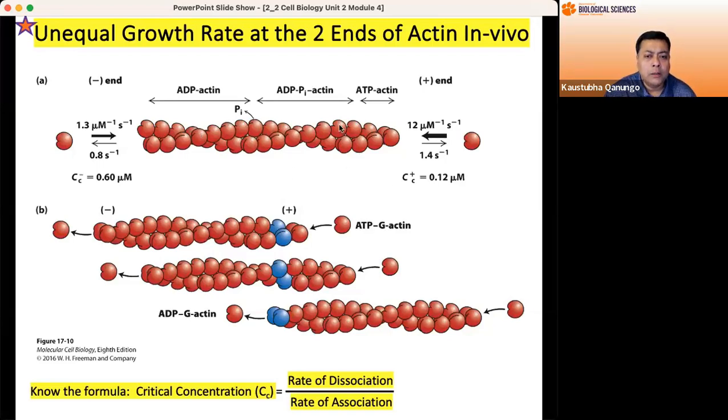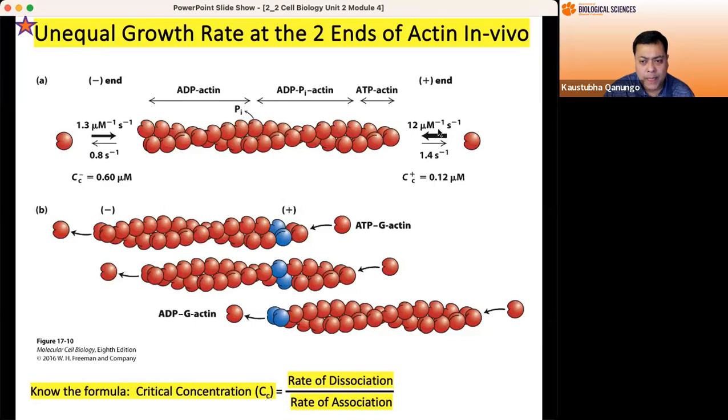So what we are looking at in these conditions, if we are looking at the minus end, this is the plus end. What is being shown in here is that this big arrow shows that at this end, the globular actin molecules are added at 12 micromolar per second. That is the rate of association. On the other hand, the rate of dissociation at the plus end is 1.4.